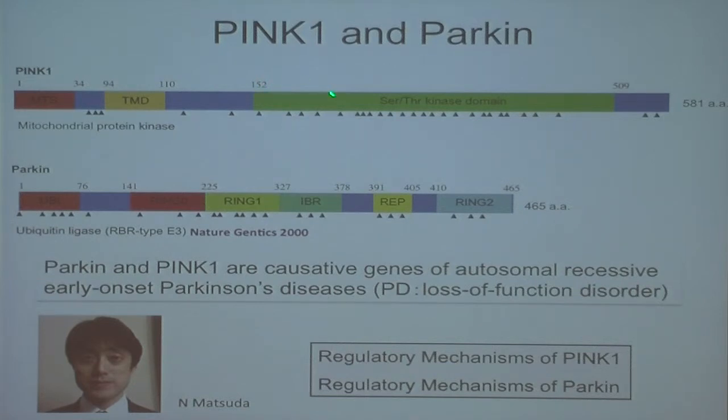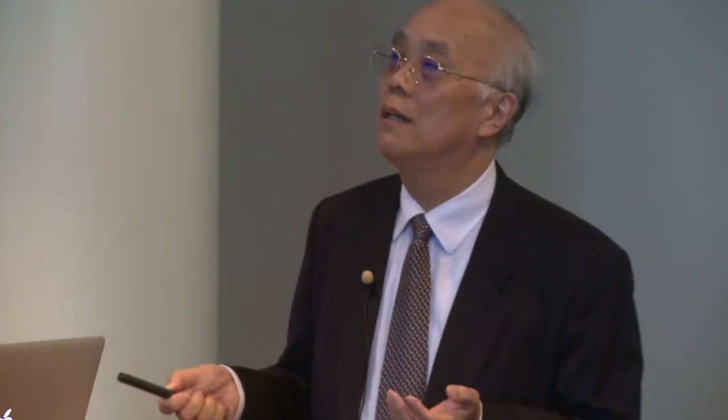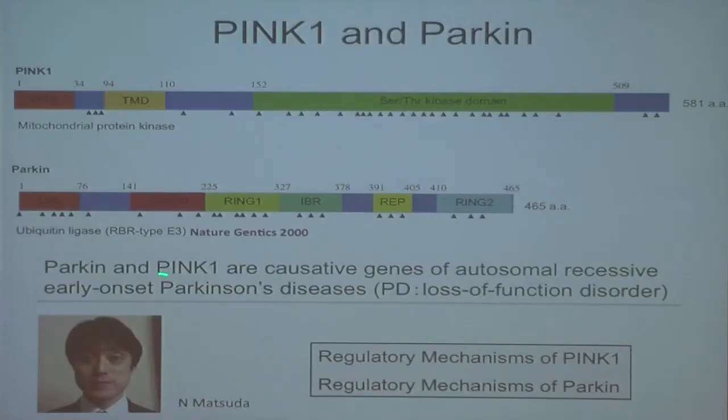In 2004, more than 20 years ago, these genes were found to be causative genes of Parkinson's disease. This is autosomal recessive. That means the loss of function of either protein causes early-onset Parkinson's disease.